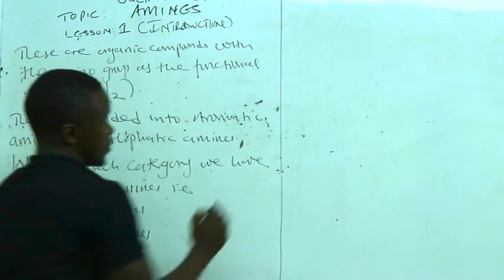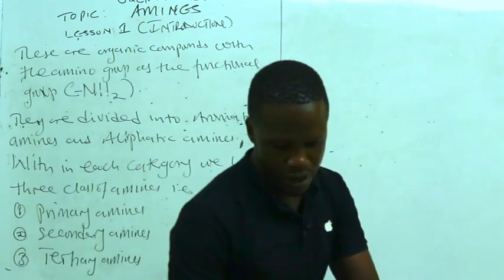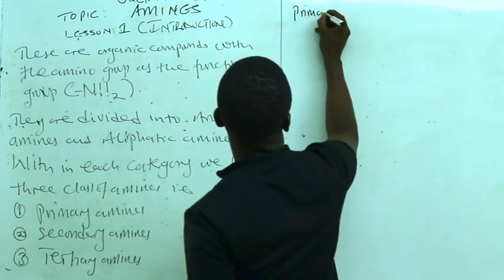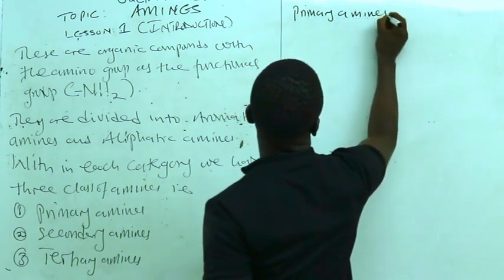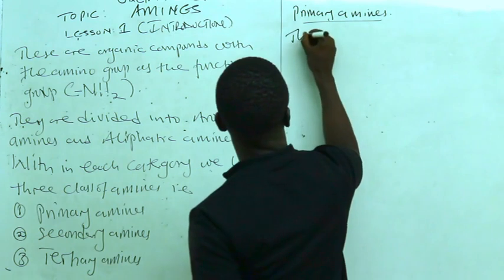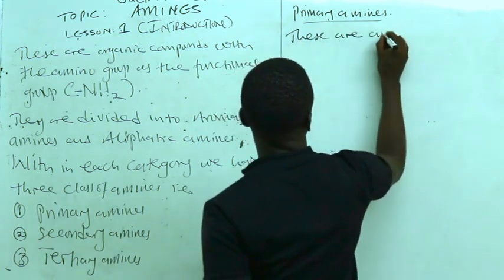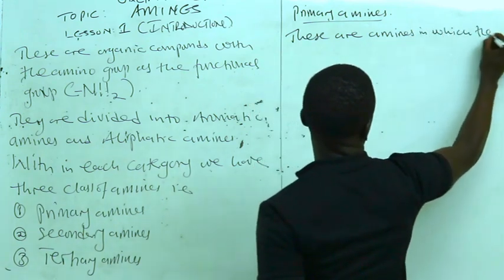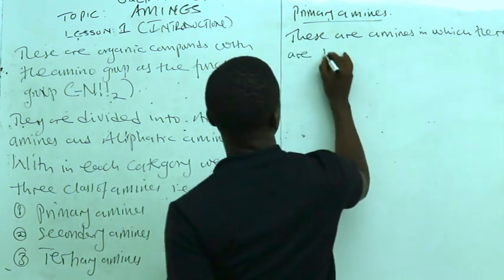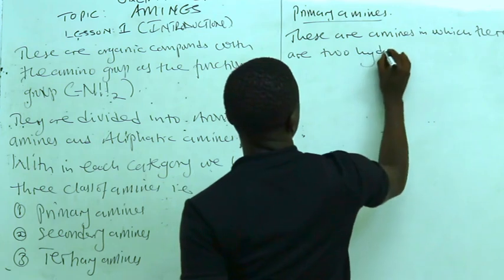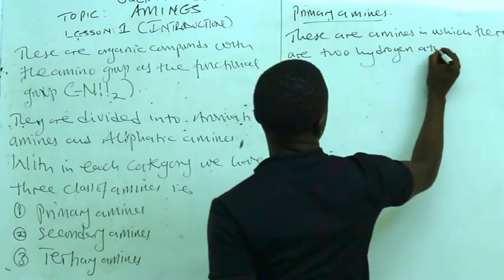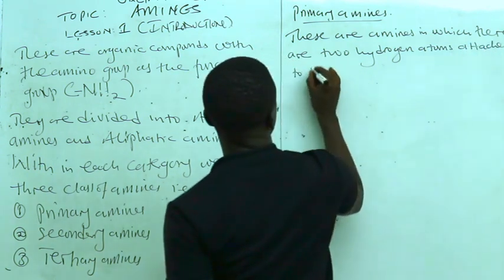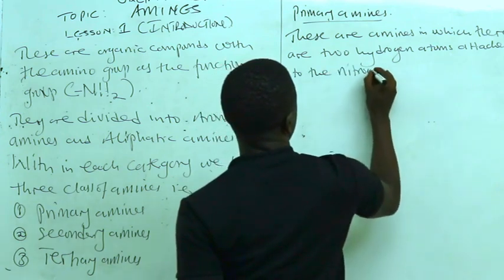Under the primary amines, we are going to say that these are amines in which there are two hydrogen atoms attached to the nitrogen atom.